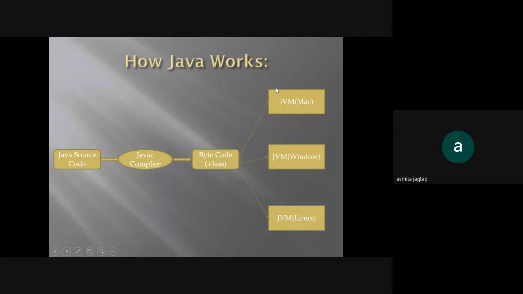That is what the JVM runs. The JVM is platform dependent, whereas the Java components are not. Yes, JVM is platform dependent: the JVM for Mac is different, the JVM for Windows is different. This is the flow of Java, how it works.